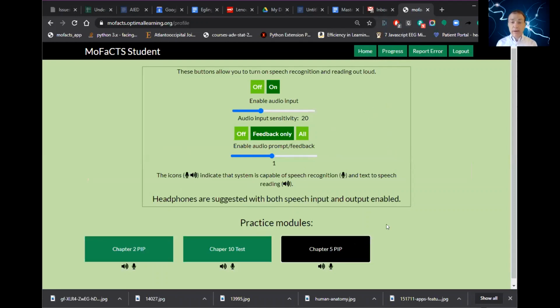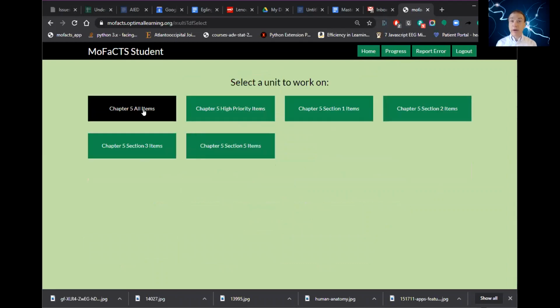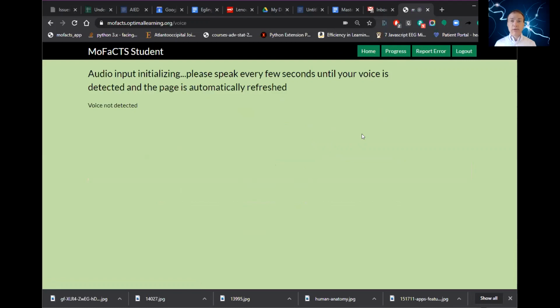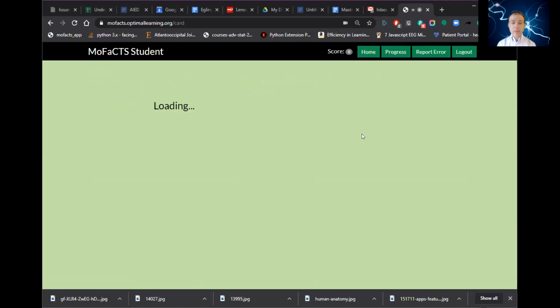And then we'll go back into that same practice. Select all the items again. Takes a minute here for the initialization. Hello? Speech recognition. There it goes.